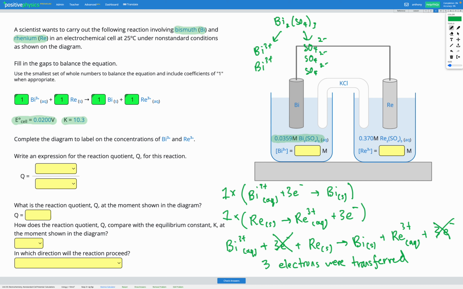So if our concentration of Bi2(SO4)3 is 0.0359, the concentration of bismuth 3+ ions is going to be twice that. So we're going to need 2 times 0.0359, which is going to get us a concentration of 0.0718. So that's our concentration of Bi3+ ions.